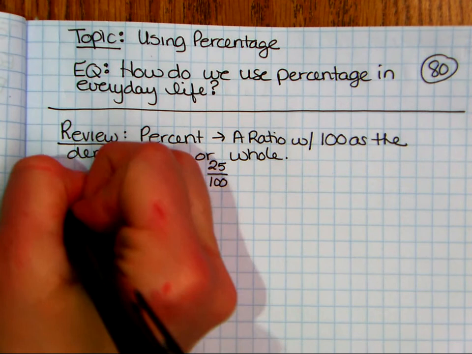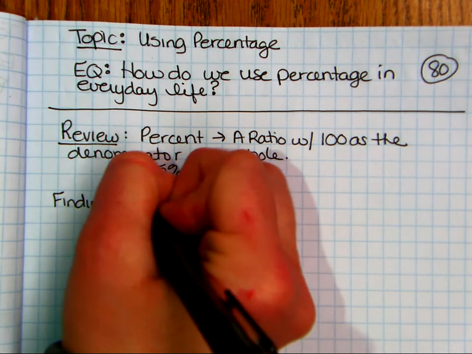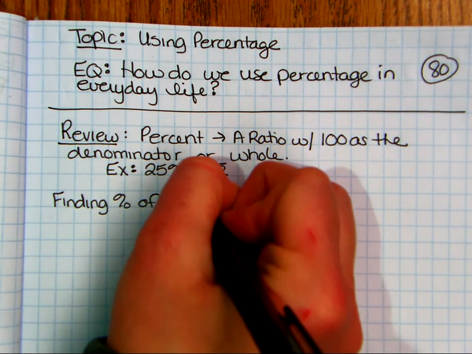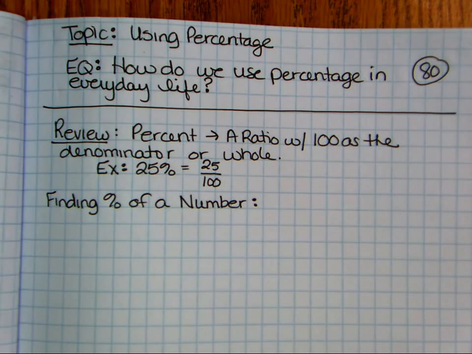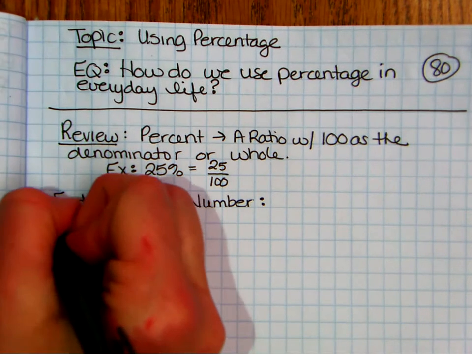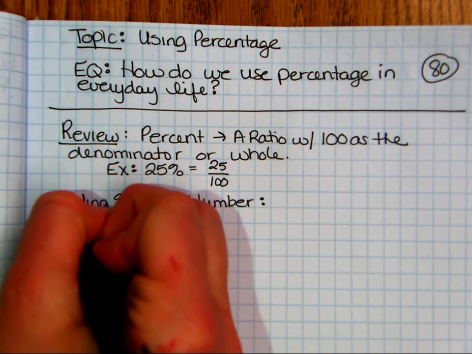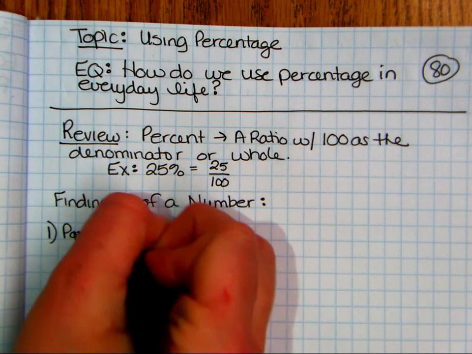We have done this before, so we're going to do just a little bit of review. Finding percent of a number can be done in three different ways. The first way is through using a proportion. I spelled that wrong.